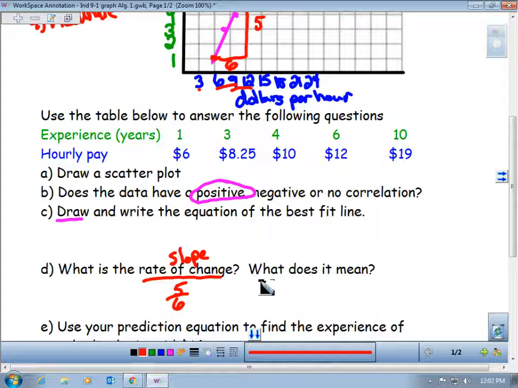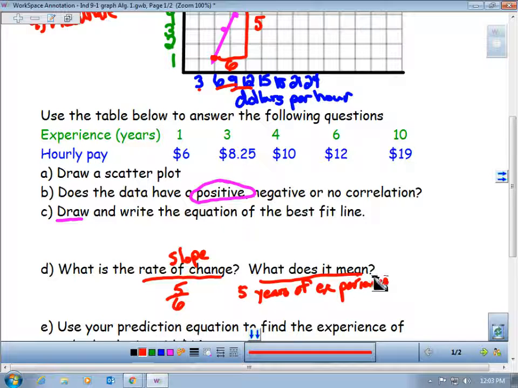Here's the question. What does that mean? Well, 5, remember, is your years. So that means for every 5 years of experience, and 6 is the amount of dollars you're getting per hour.